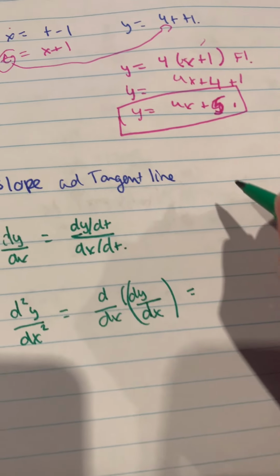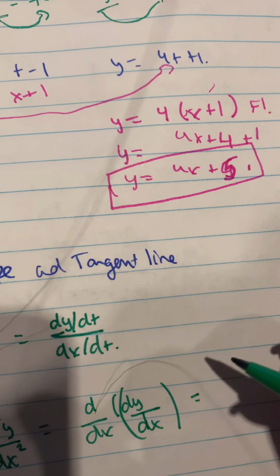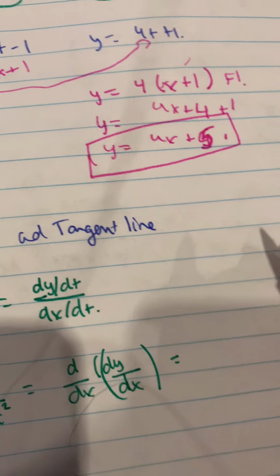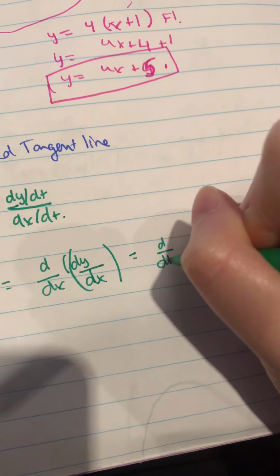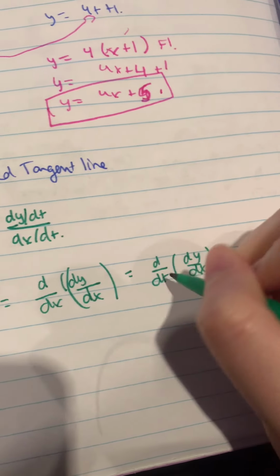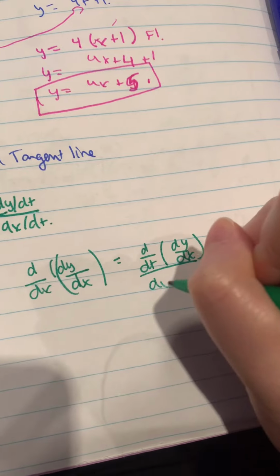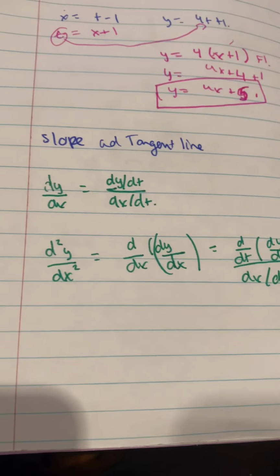Since we have a dt, that will equal d/dt of dy/dx over dx/dt, and that will be the second derivative.